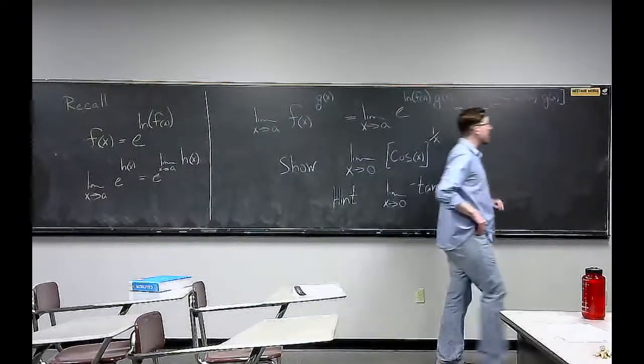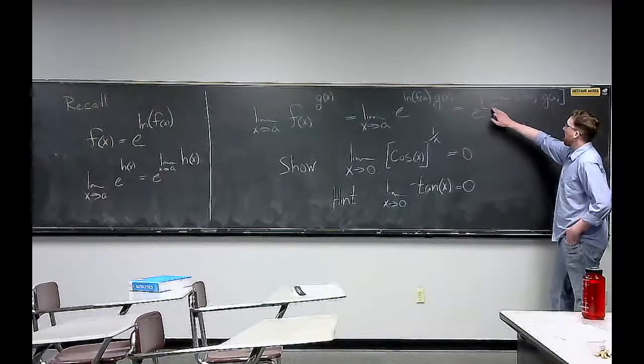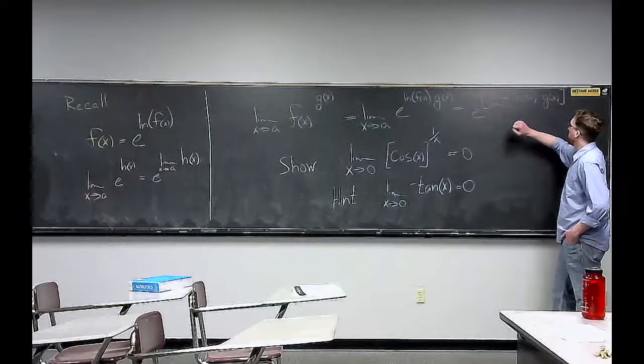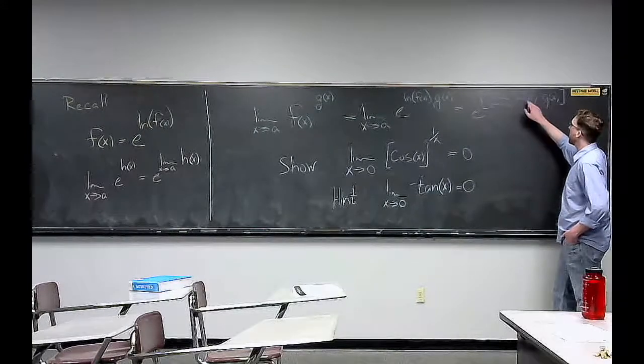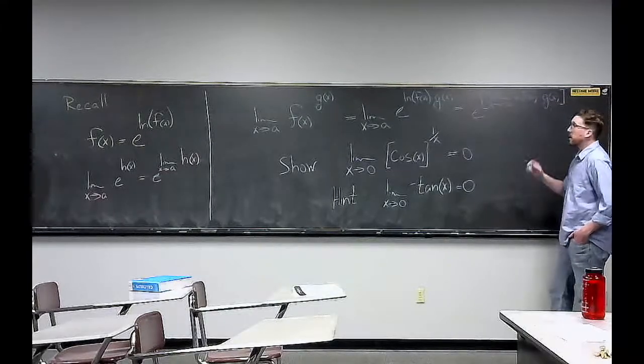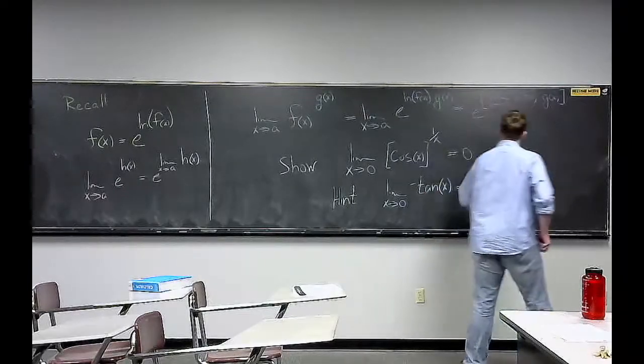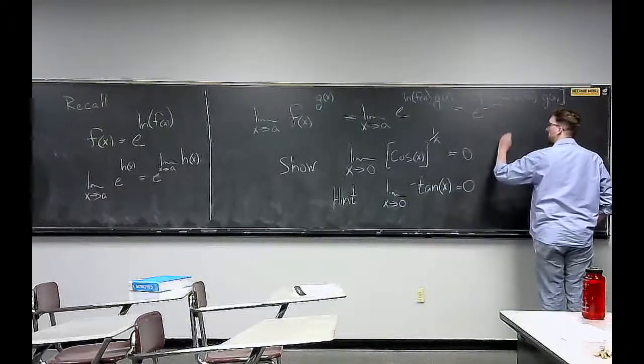So now we have e raised to the quantity, the limit as x approaches a, of the ln of f of x, that natural logarithm, times g of x. But notice, what that means then is we only need to worry about this little bit here.